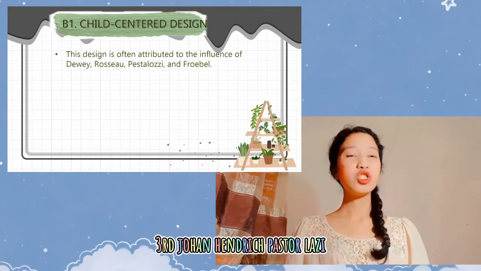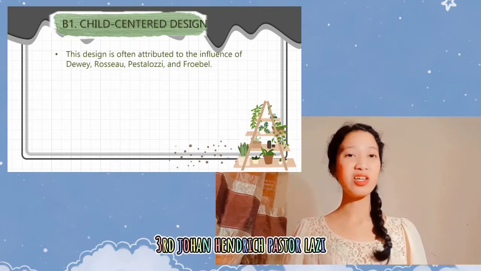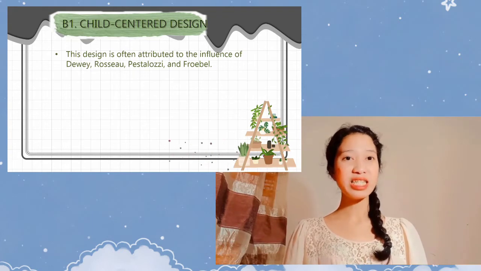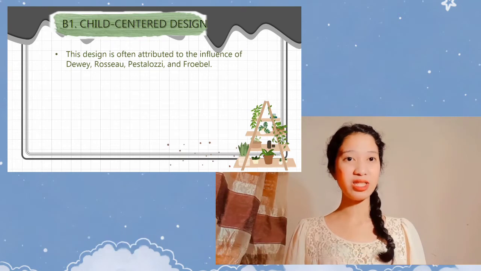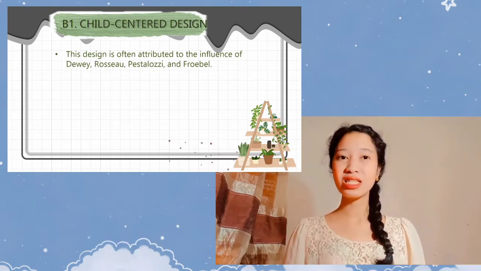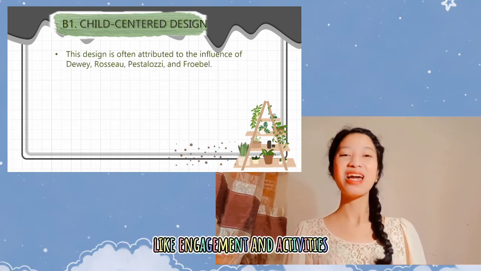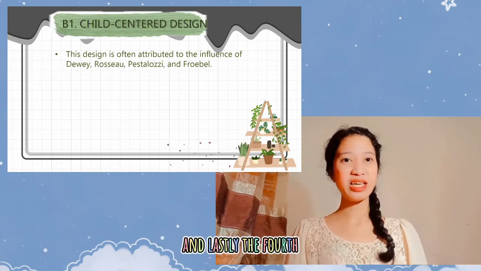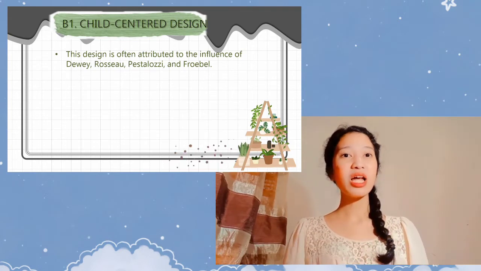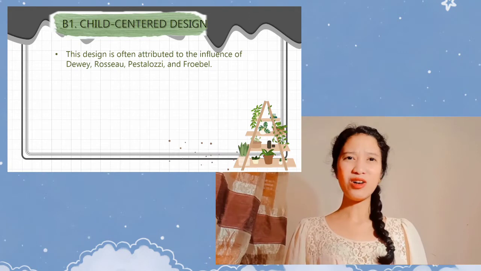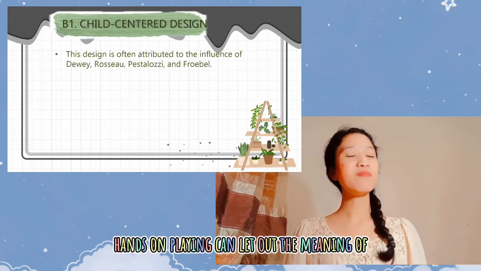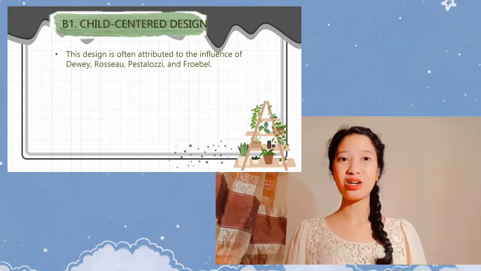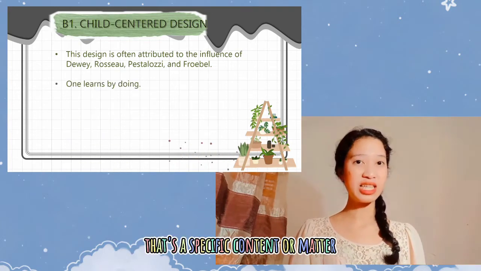Third, Johann Heinrich Pestalozzi, who advocated the education of the poor, and emphasize teaching methods designed to strengthen the students' own abilities like engagement and activities. And lastly, the fourth, Froebel, who believe that hands-on playing can let out the meaning of that specific content or matter.